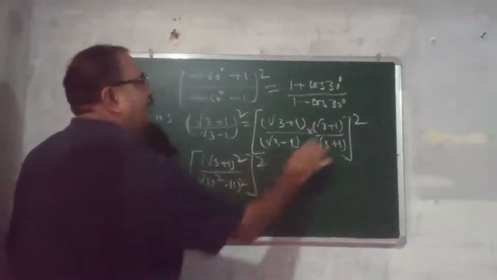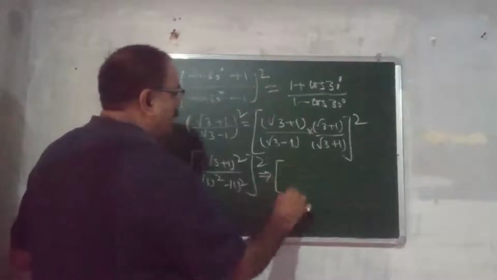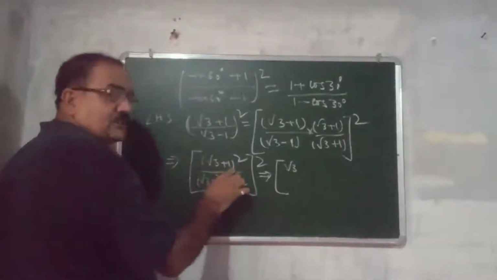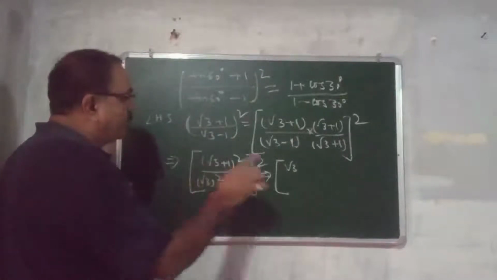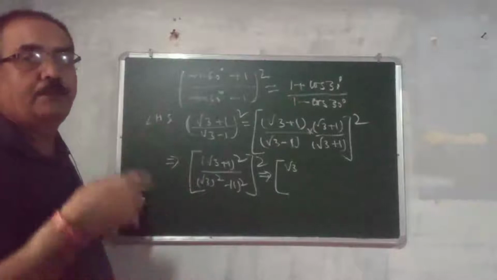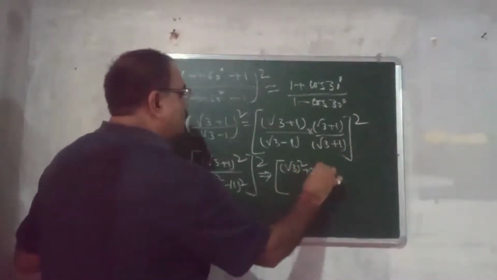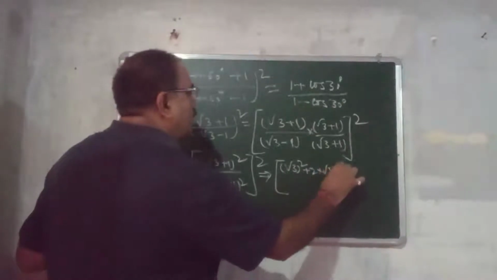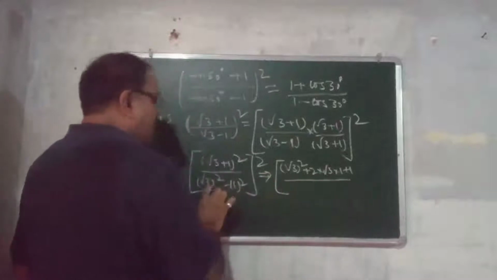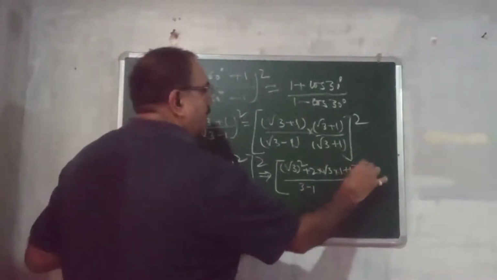And their square, these two. So this one, root 3 plus 1 is a plus b whole square, so I will expand it. What is the result of a plus b whole square? A square plus 2ab plus b square. So this becomes root 3 square plus 2 into root 3 into 1 plus 1 square, over 3 minus 1, and their square.